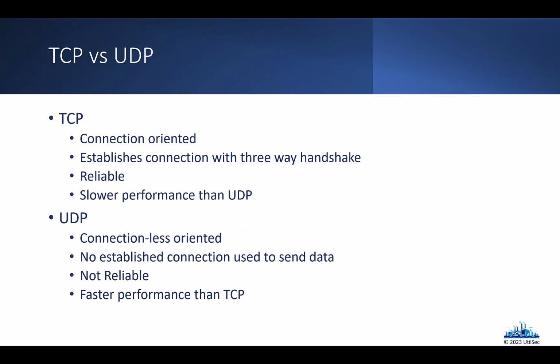So I do want to take a real quick talk about the differences between TCP and UDP. And there's a lot of slides in here. We're going to go through them very quickly because I have a much more in-depth Nmap workshop that I'm going to post. But I did think it necessary to understand the differences between TCP and UDP. With TCP, this is where we have an established connection between two systems that want to communicate.